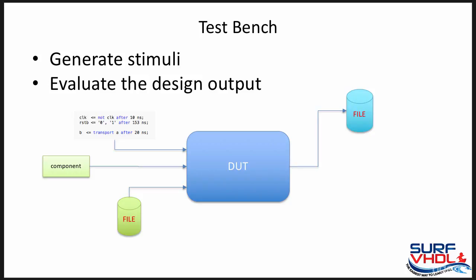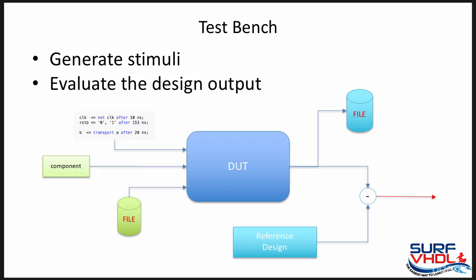The output can be simply evaluated on a simulator wave window or dumped on a file, and or verified versus a reference value or a reference design, generating an error signal that simplifies the output evaluation.